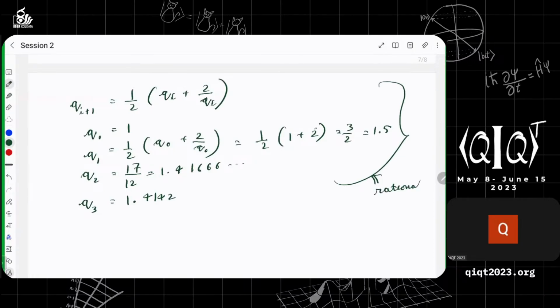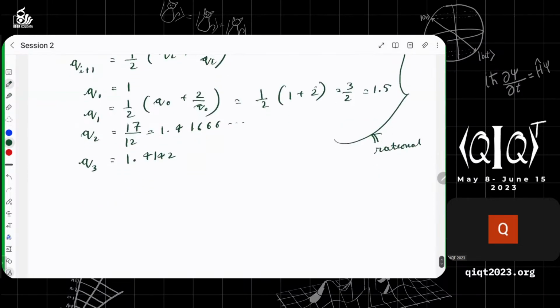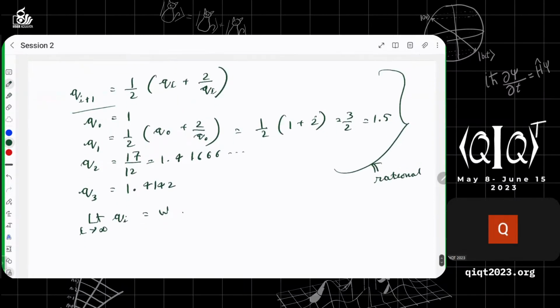What we need to check is what happens if we take the limit of q_i as i tends to infinity. So let's suppose that this is w. Now let's take the limit on both sides of this equation. So the limit of q_{i+1}, i tends to infinity, will be half the limit, i tends to infinity, of (q_i plus 2 by q_i).